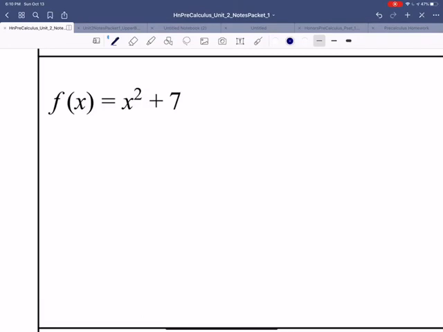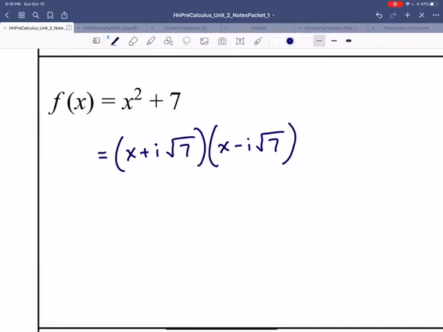Even if we have a number that is not a perfect square, we can use the square root of that number to do this factorization. So 7 has a square root of just root 7, so we can factor x squared plus 7 as x plus i root 7 multiplied by x minus i root 7.